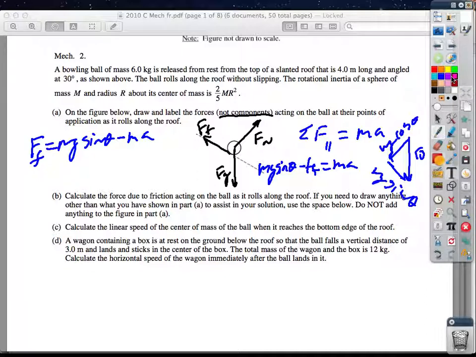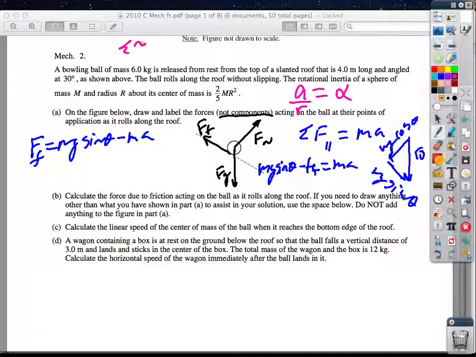V over t. Well, v over t is how you would define a, but how does acceleration relate to rotating objects? Alpha, right? a is related to alpha by saying a over R is alpha. That's the key. You can't do this without that.